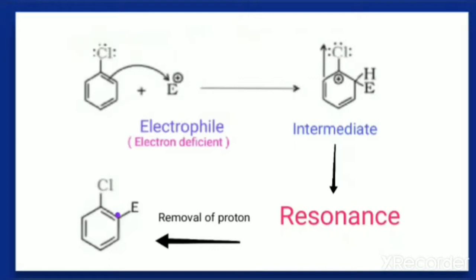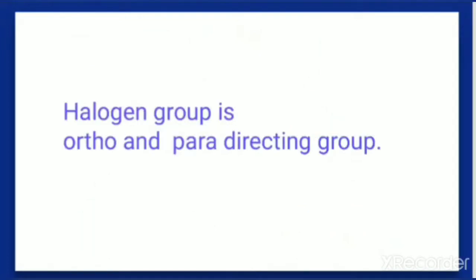Now why does it happen? Why does it get bound at the ortho position or the para position? Because the halogen group is an ortho-para directing group. As we discussed last year, there are two types of directing groups, ortho-para directing group and meta-directing group. From this, the halogen group is an ortho-para directing group.